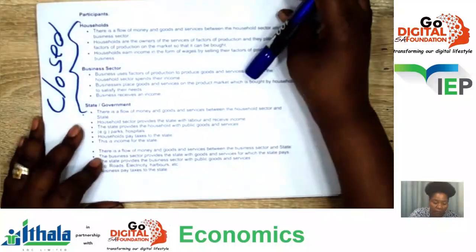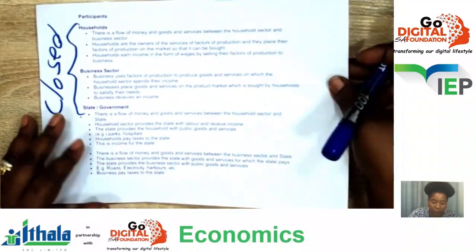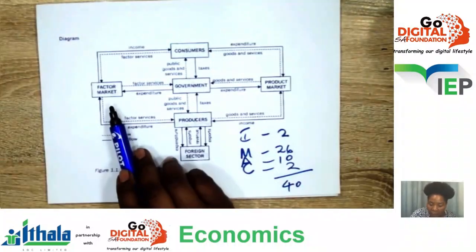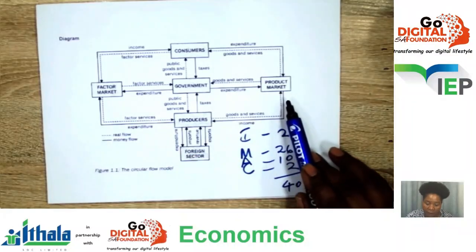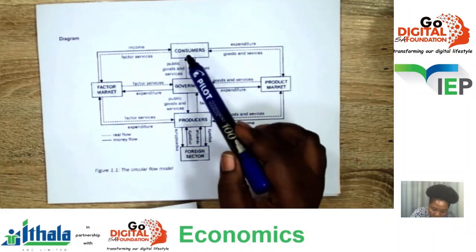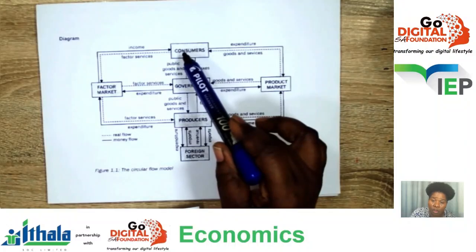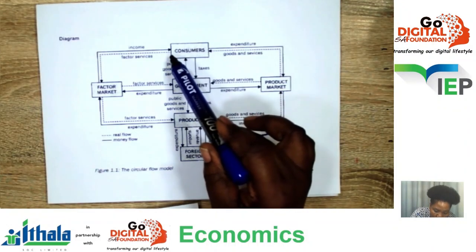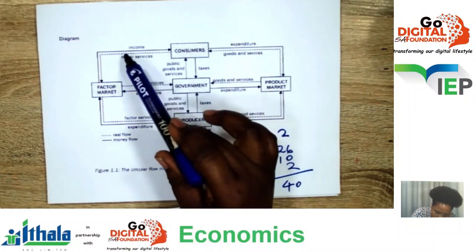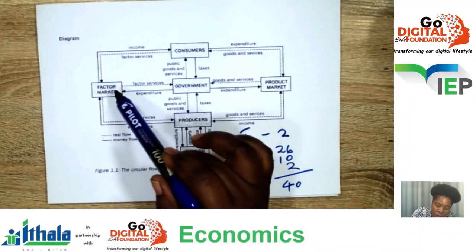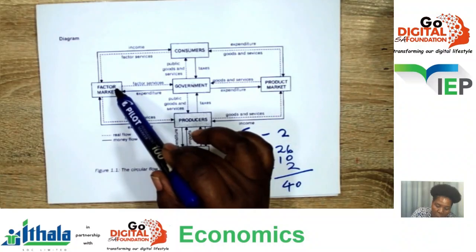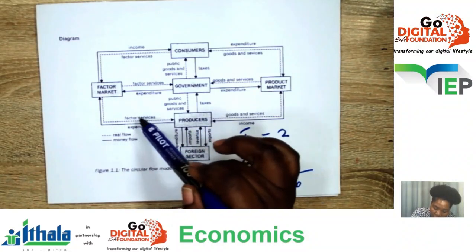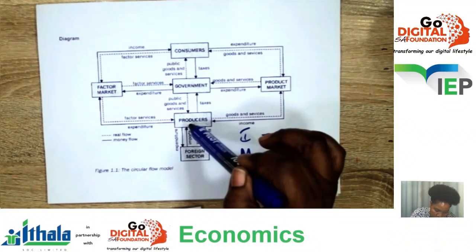Obviously, we have these two markets here that we said are a factor market and a product market. So when these consumers, as my drawing is saying, go and look for work, my drawing goes to the left-hand side, to the factor market, where they are employed by the producers, which is our business sector.